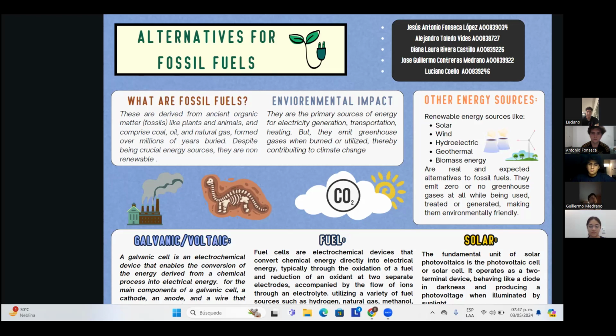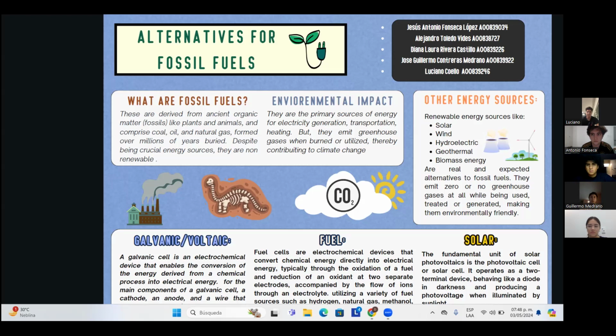We expect the future to have all these kinds of energy as the primary source of energy in the world, because they emit zero to few greenhouse gases while being used, triggered, or generated.